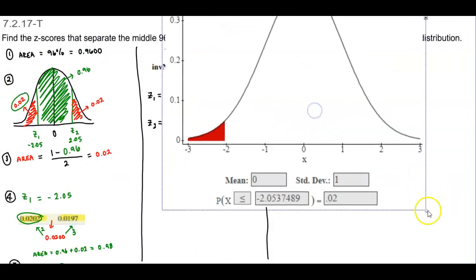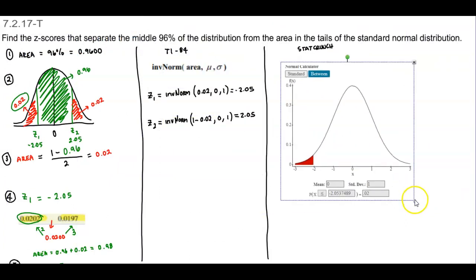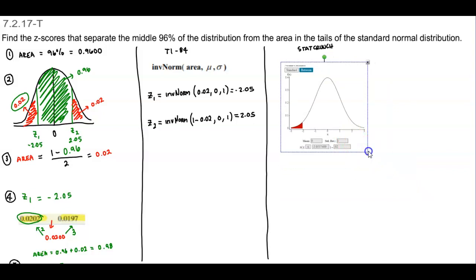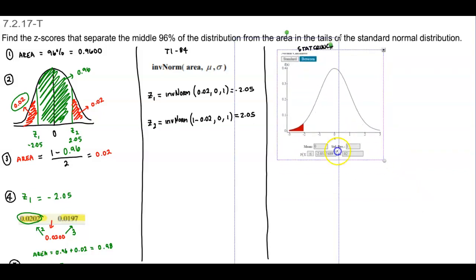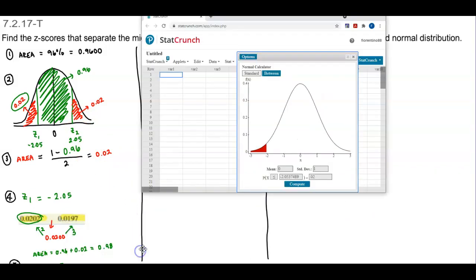So again, like I said, you still need to follow and draw those first few steps in order to use this, even though it's going to give you a quicker way of being able to get that result. So that tells us that this represents the z-score, which is negative 2.05. Now if we want to find the z-score here, then what we need to do is you can either change this to greater than or equal to, but that gives you the area to the right.